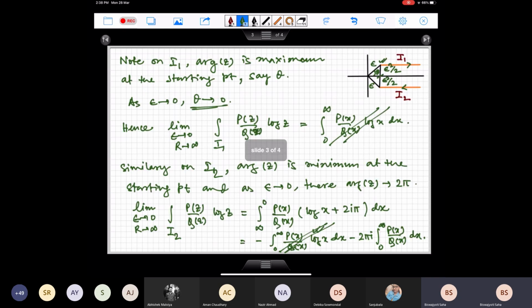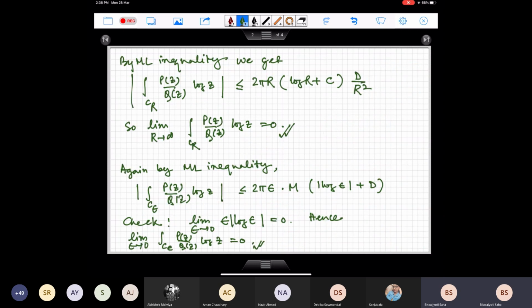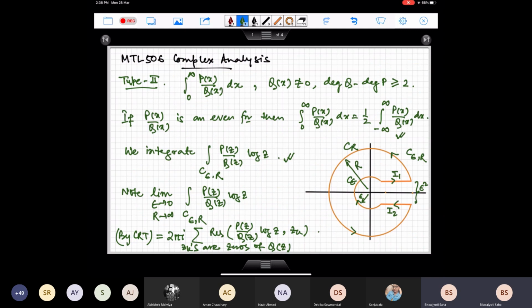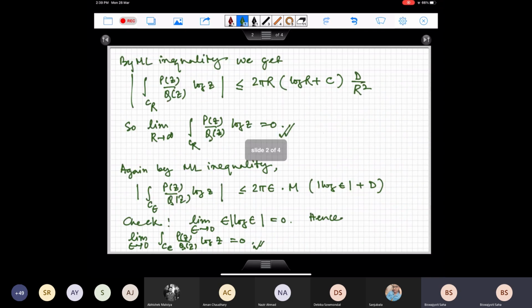You remember that came only from here. So I have a minus 2 pi i, and that integral is by Cauchy residue theorem 2 pi i times the sum of these residues. So 2 pi i gets cancelled, and you have a minus.